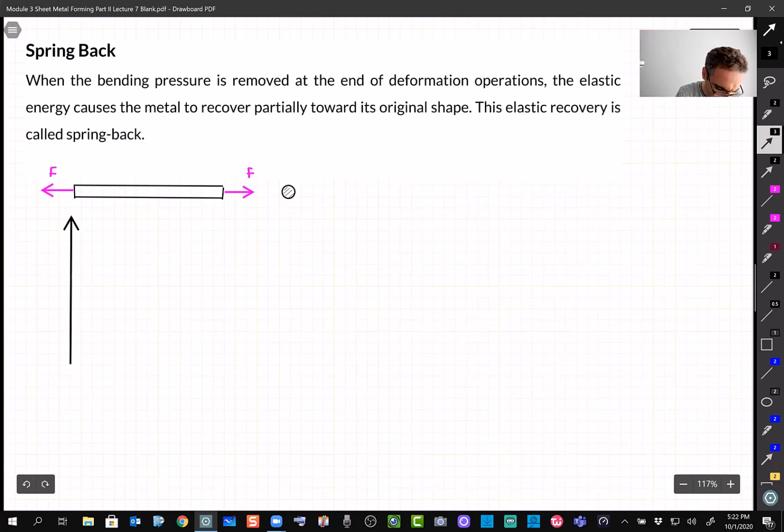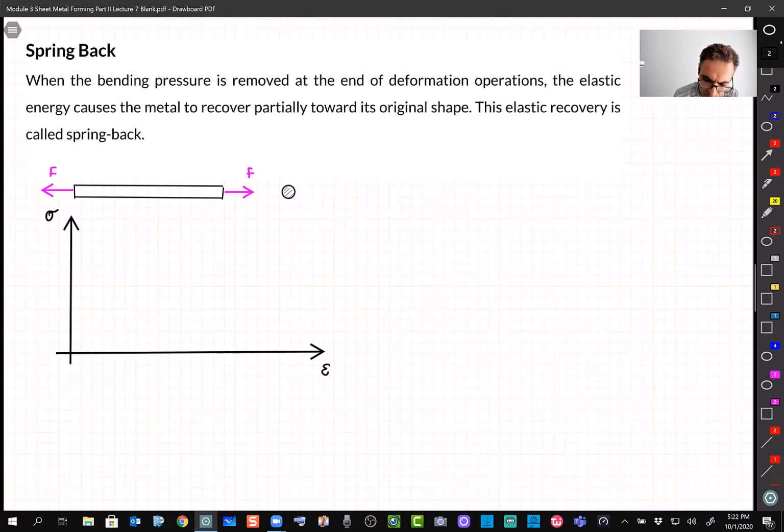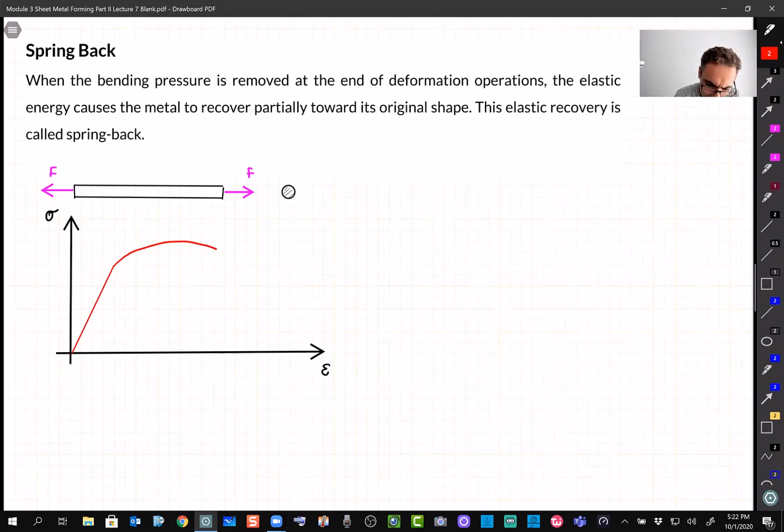Let's say this is the sigma stress, and the x-axis is epsilon strain. We know that for most materials this graph gets to a linear shape, like this one, and then after that it's more like a curve, in a simple case.